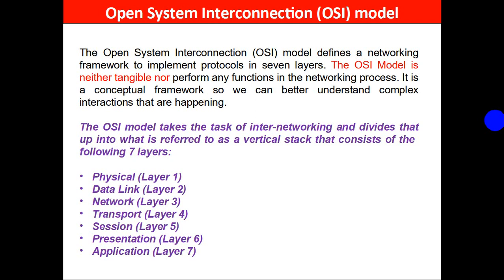Throw, first letter T, stands for transport layer. Sausage, first letter S, means session layer. Pizza, first letter P, stands for presentation layer. Away, first letter A, is the application layer.